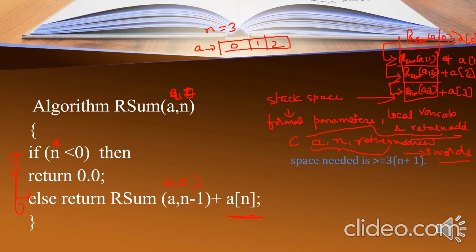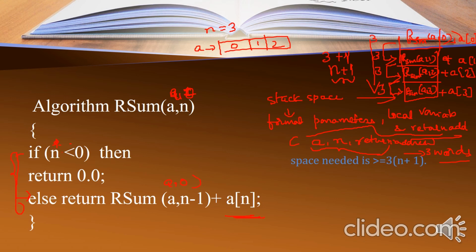Now one thing you can observe, the depth of the recursion calls is n plus 1. 1, 2, 3, 4. You can see here 3 plus 1. N is 3, then it is n plus 1. And each time it is going to pass, it is going to make use of at least 3 words each, right? 3, 3, 3, 3 words each.